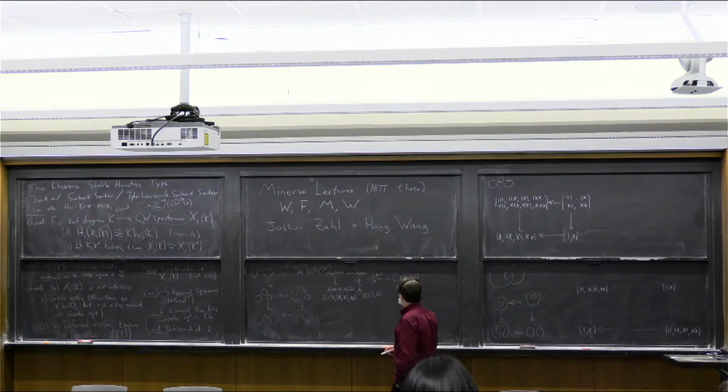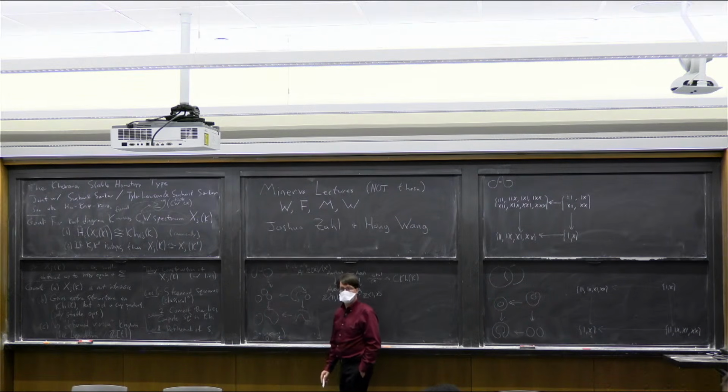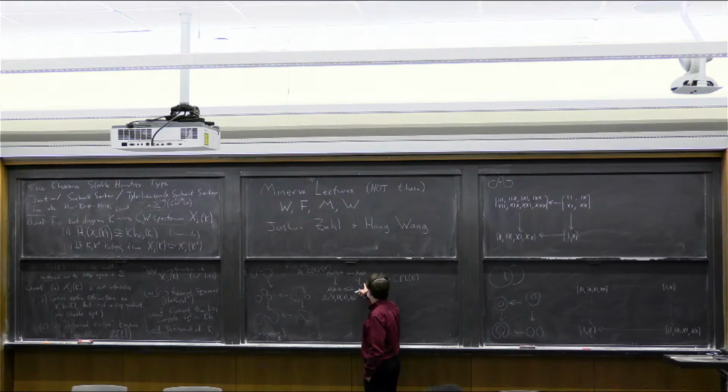I want to slightly reinterpret this. So let 2 be the category with 2 objects. One is called 0 and one is called 1, and a morphism from 1 to 0.